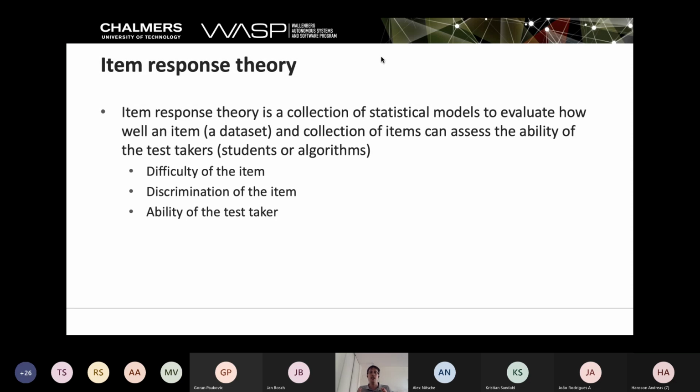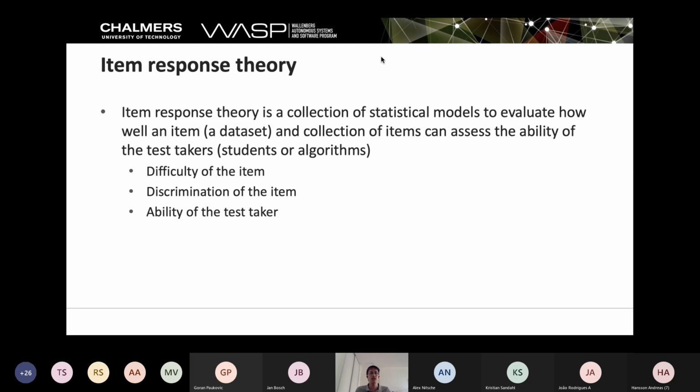Here I'm saying the students or the algorithms or the test takers; the items or data sets are the questions of the exam, and the collection of items, data sets, is the actual exam. With item response theory, we can determine three parameters: the difficulty of the item, the discrimination of the item, and the actual ability of the test taker.